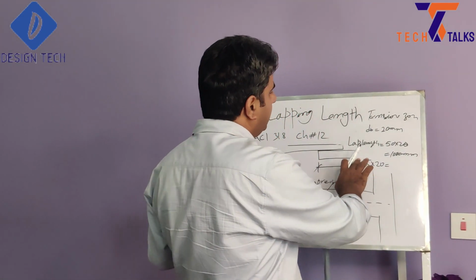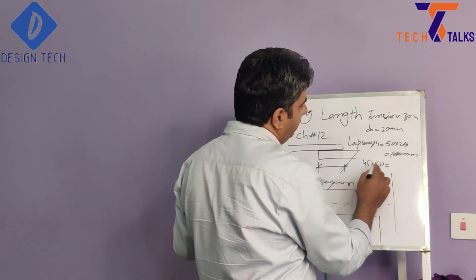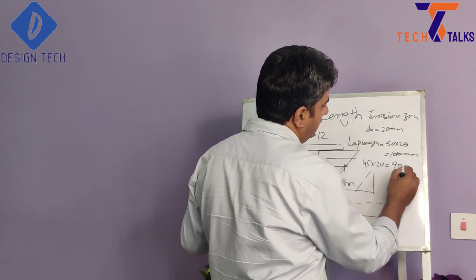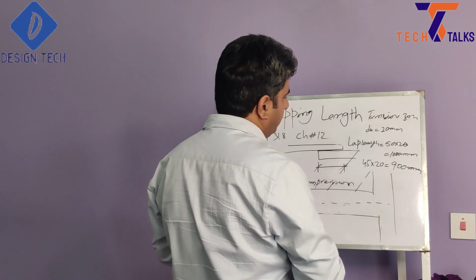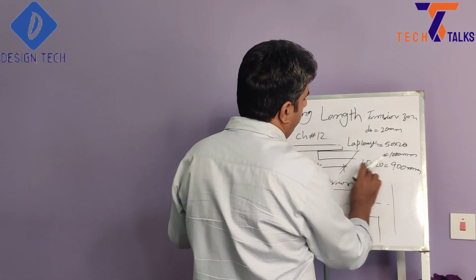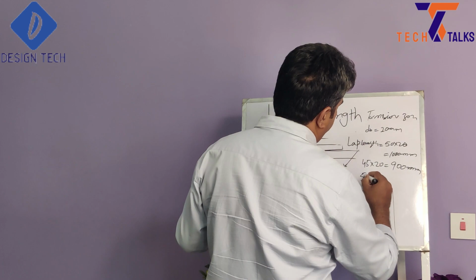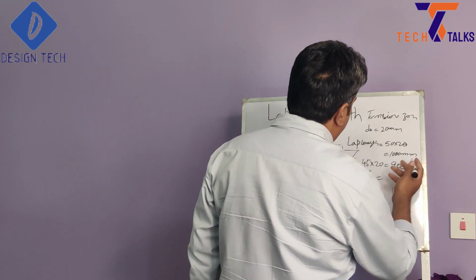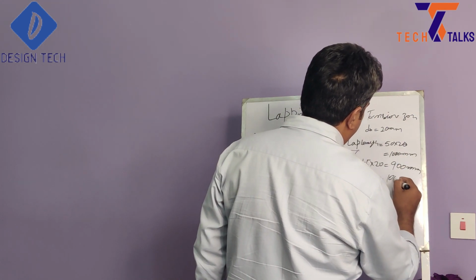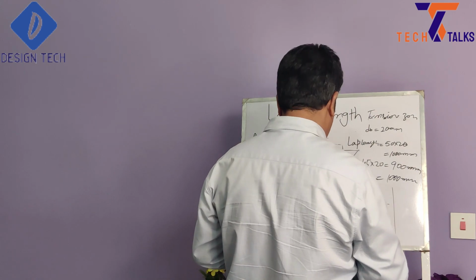When we are calculating lap length for compression zone, then it should not be less than 45 into 20, 900 mm. But as per common practice, for compression and tension, we are using the same 50D to be on the safer side. So we can say 1000 mm again. We can consider lapping for compression zone also.